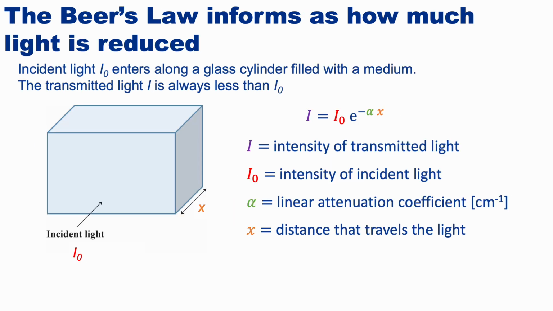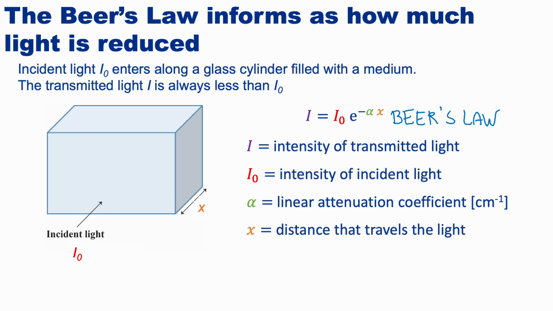When we describe absorption, we need to always think about how much light has been reduced when traveling through a medium. We have a medium with a thickness, where light travels a distance x, and Beer's law tells us how much light is transmitted through the medium.